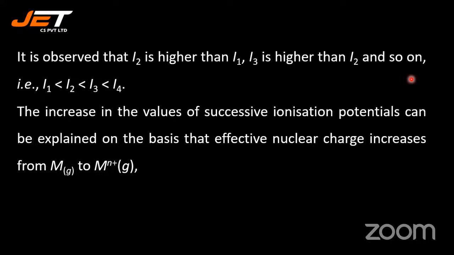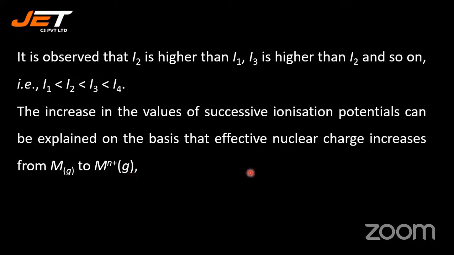Is this part clear to everyone in this class, or is everyone sleeping? Yes, sir. Yes, ma'am. Okay. So the increase in the values of successive ionization potential can be explained on the basis that effective nuclear charge increases from this to this.